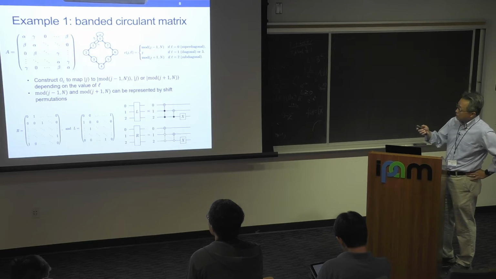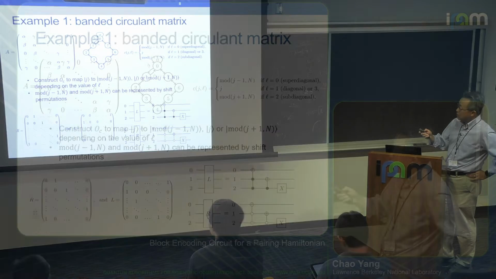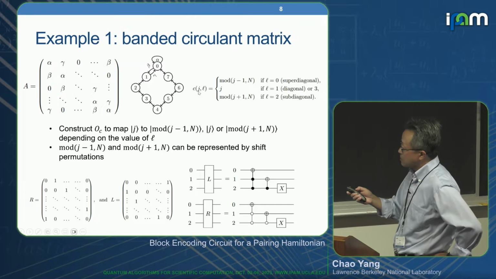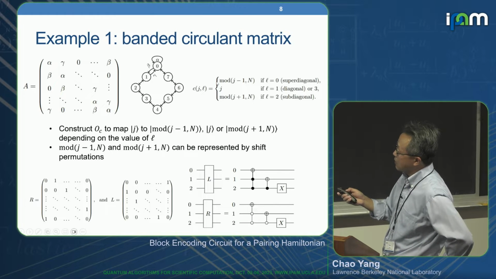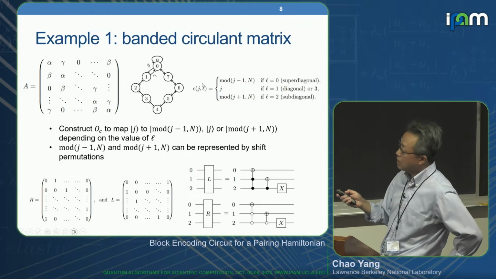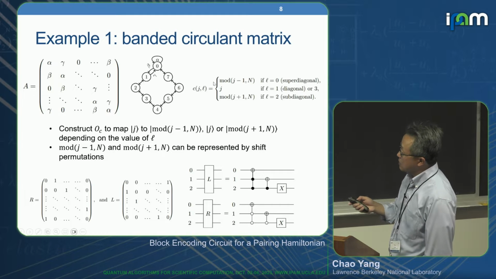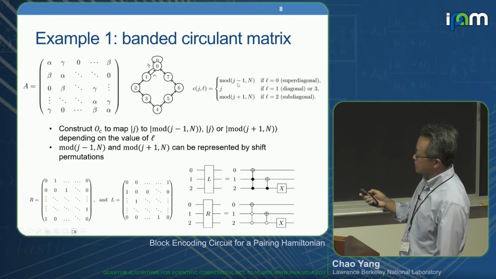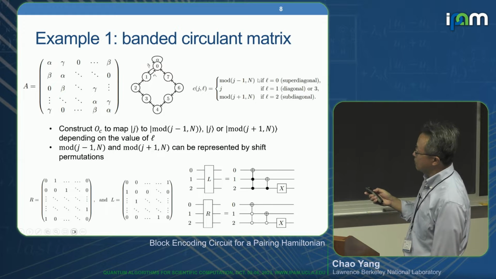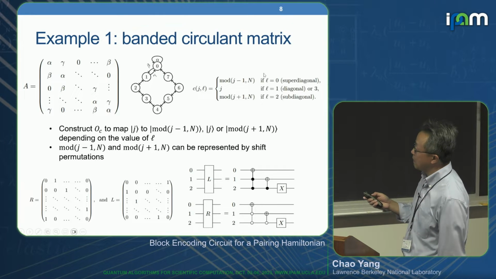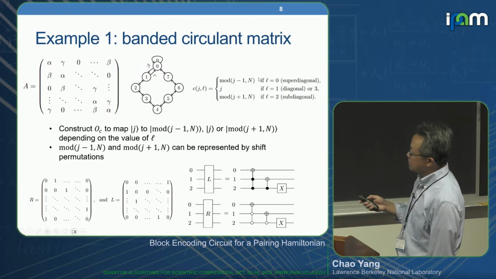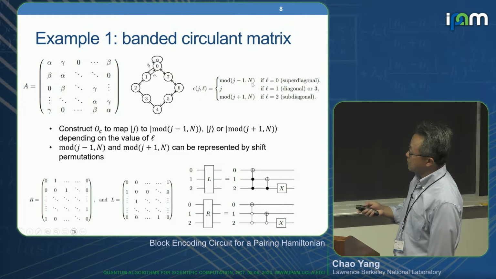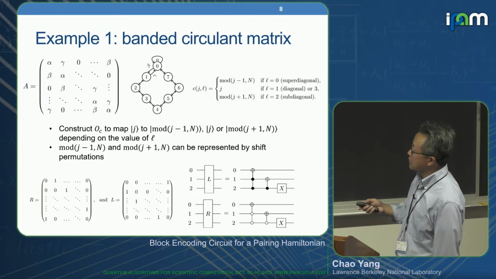The mapping c(L, j) can be described by adding or subtracting 1 from j, and you can define it in a number of different ways. Say if L is 0, the non-zero matrix element is on the subdiagonal, and that's j minus 1, modular because it's circular.